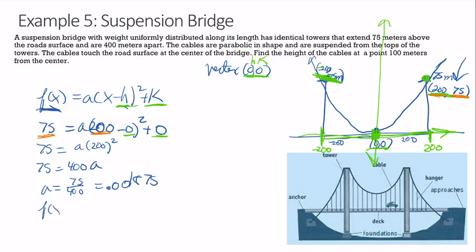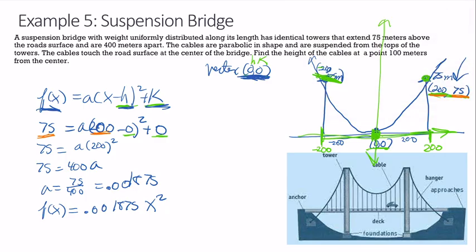So f of x would be 0.001875 times x squared, because my vertex is 0, my h is 0, my k is 0. I'm not changing this parabola at all. All I've done is change its shape by putting a fraction out front. I've made it wider than our standard parabola.